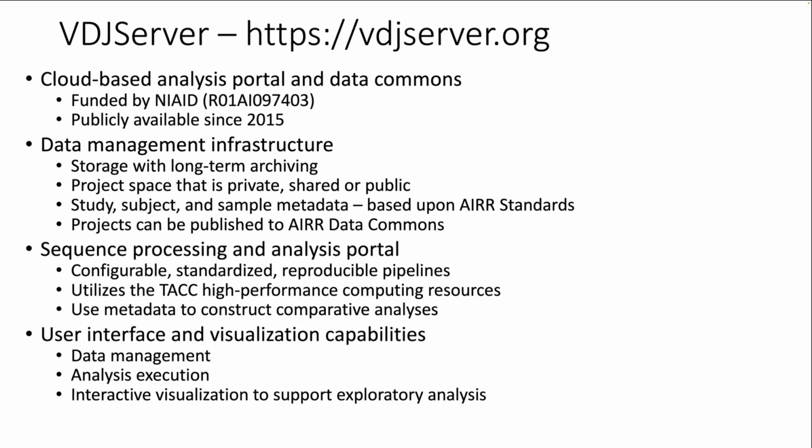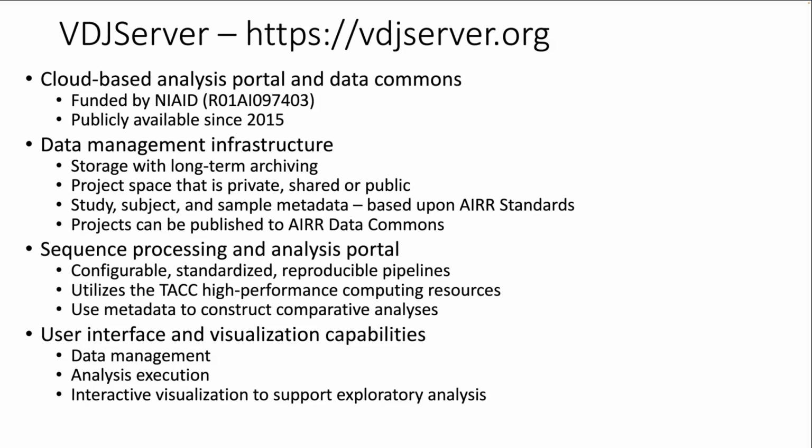The other part is the analysis portal, sequence processing. This is where we have a set of pipelines. We run the analysis on a supercomputer that's provided by the Texas Advanced Supercomputing Center in Austin, Texas.